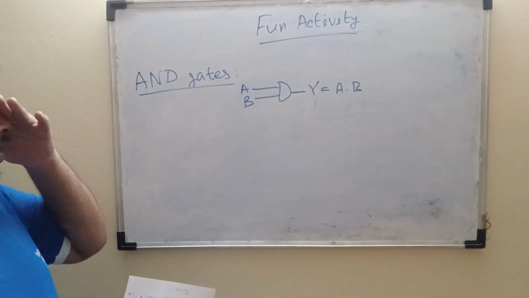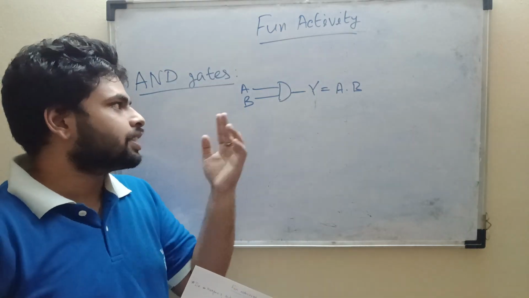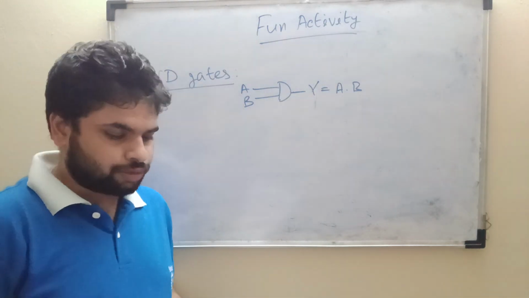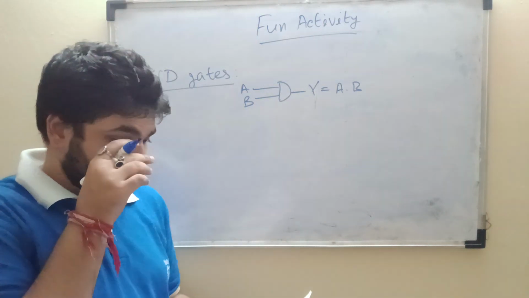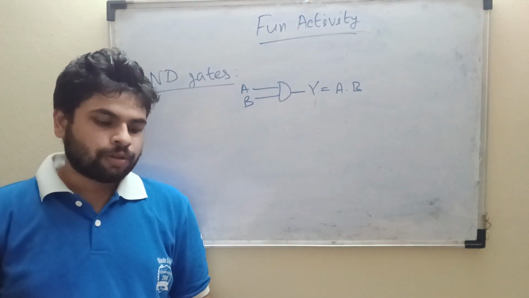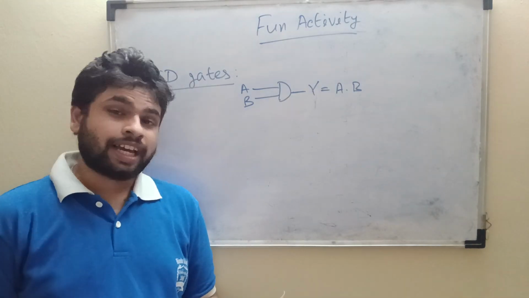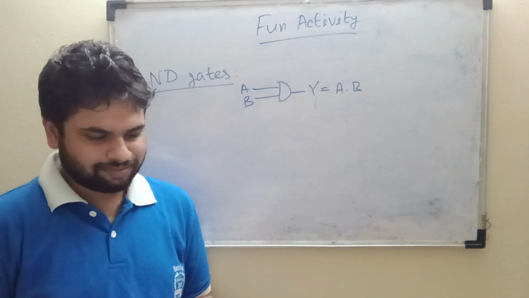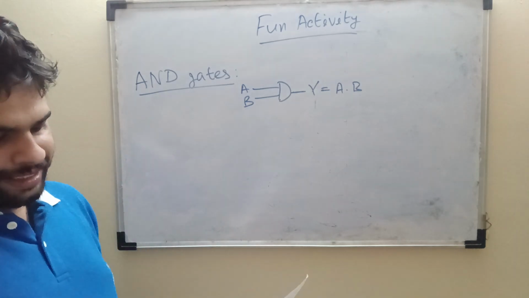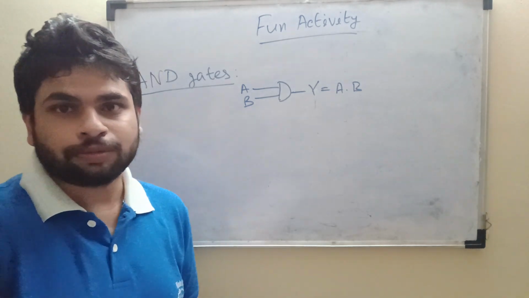So for AND gates, we know that the basic operation is the dot product of the two inputs. So what should we do? We have the key of happiness and sorrow. So even if we want to multiply our happiness, both have to be happy. So let's talk about, again, a three friends group.